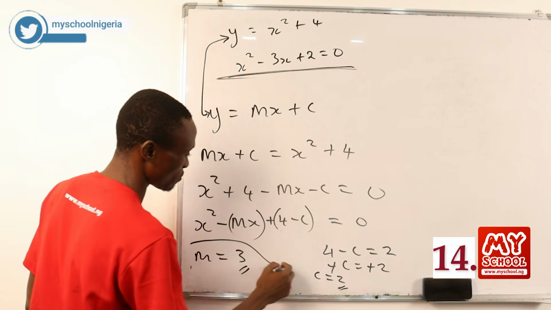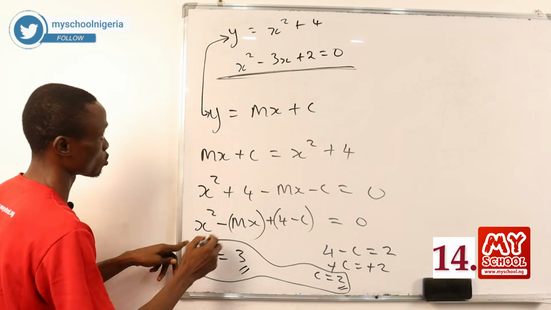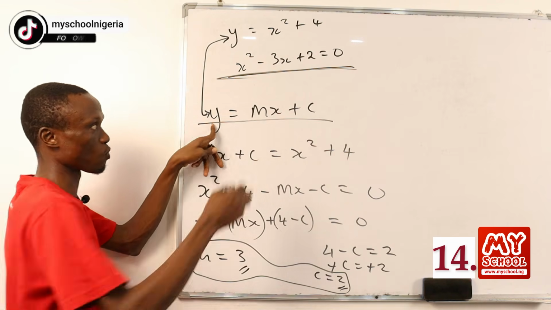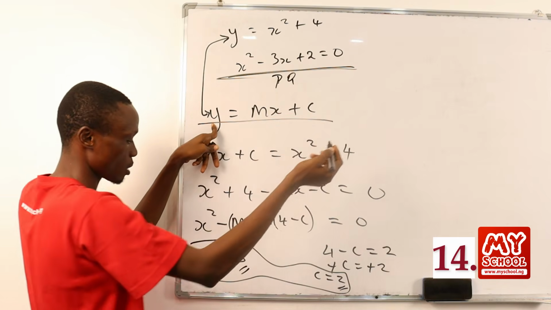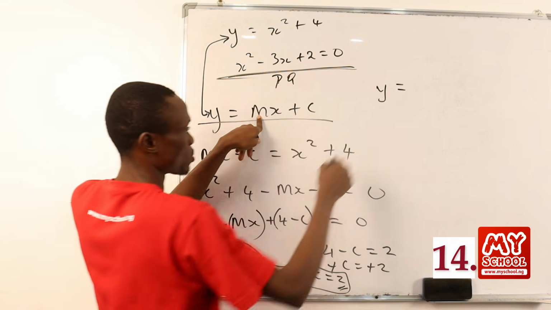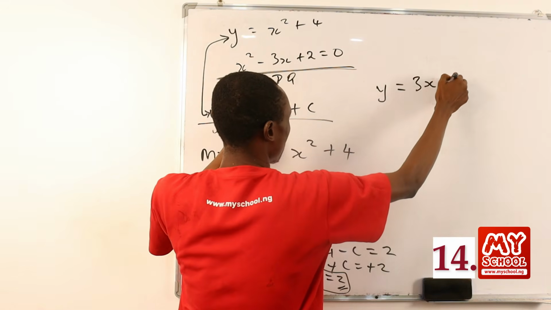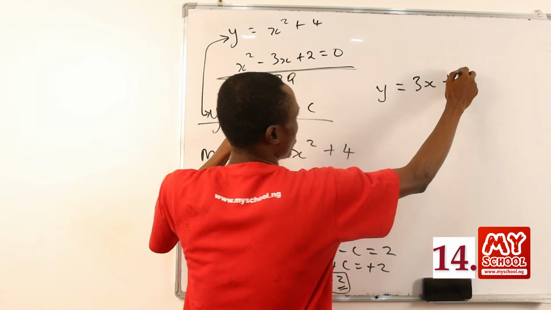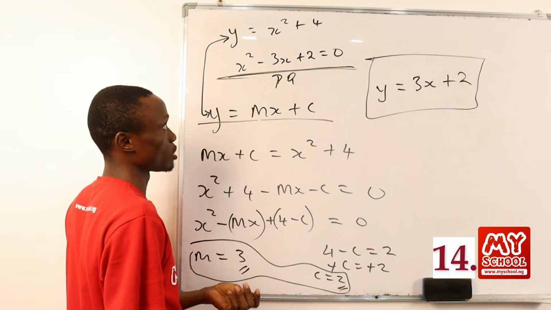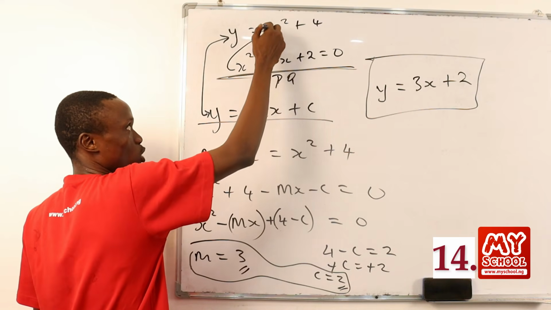So since we have these values, we can now substitute it into this equation to get the equation of the line PQ. Okay, so here we'll be having y to be equals to, our m is 3, so we have 3x, then plus our c is 2. So this is the equation. But then if you don't want to use this method, then you can just equate these two equations together.